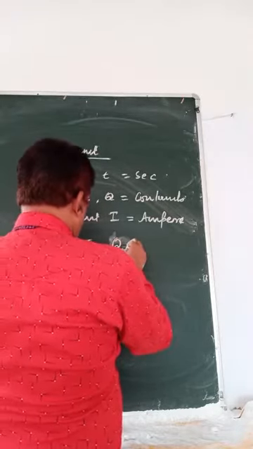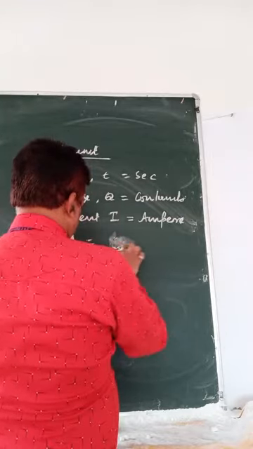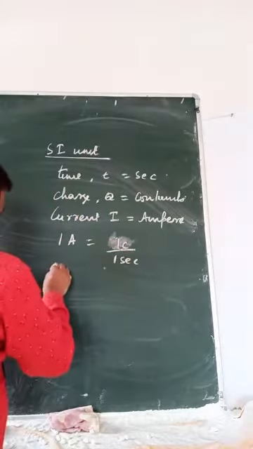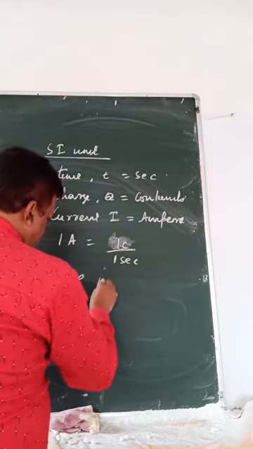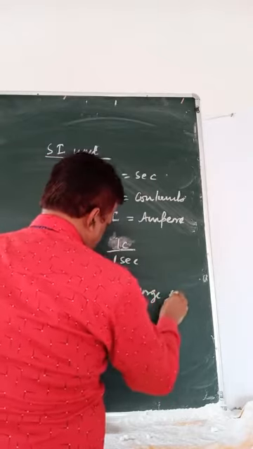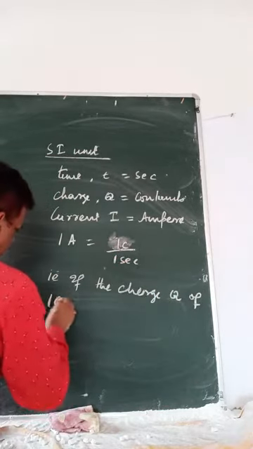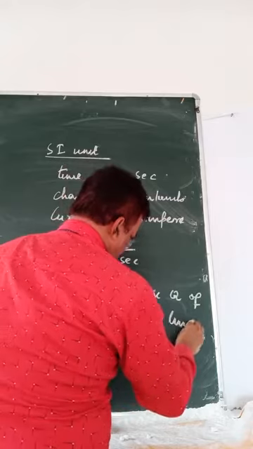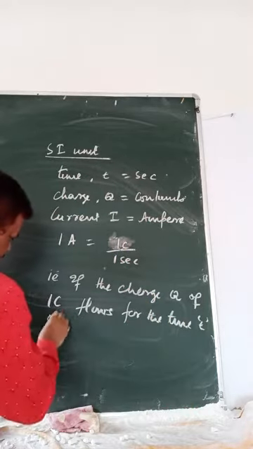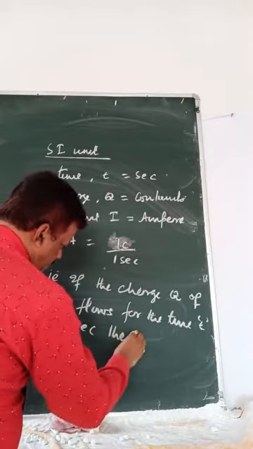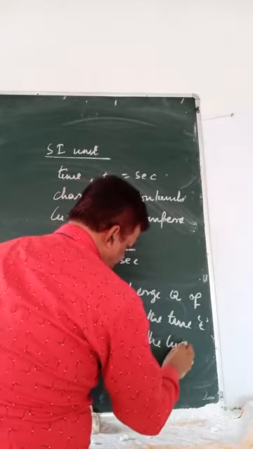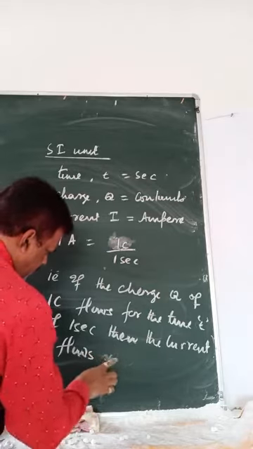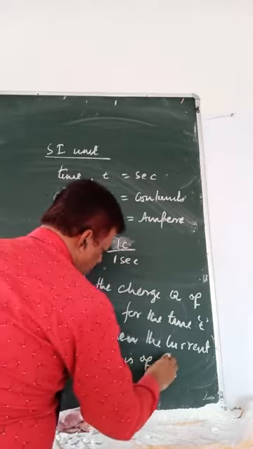If a charge Q of 1 coulomb flows for a time t of 1 second, then the current I is 1 ampere.